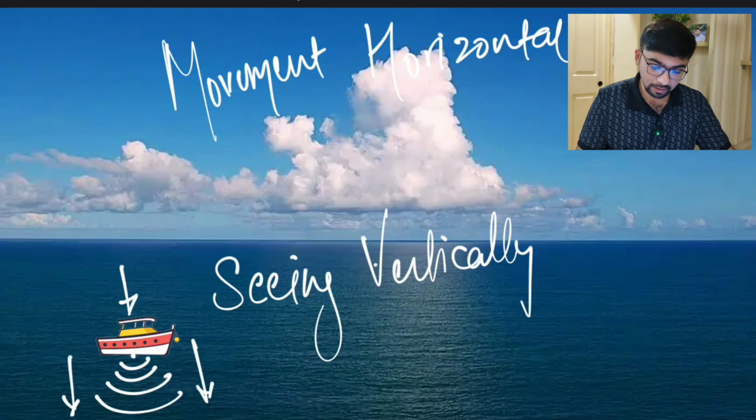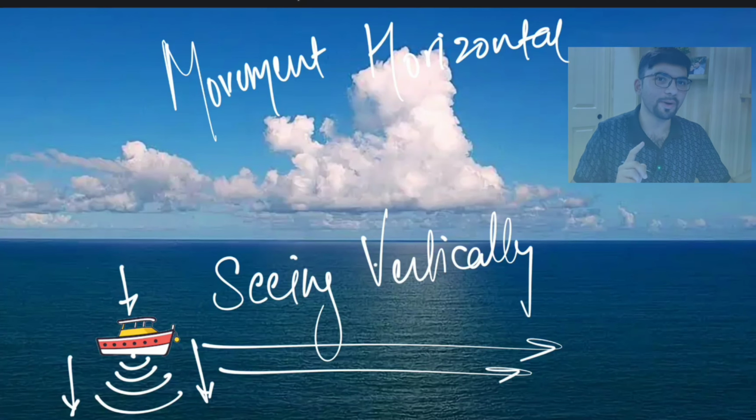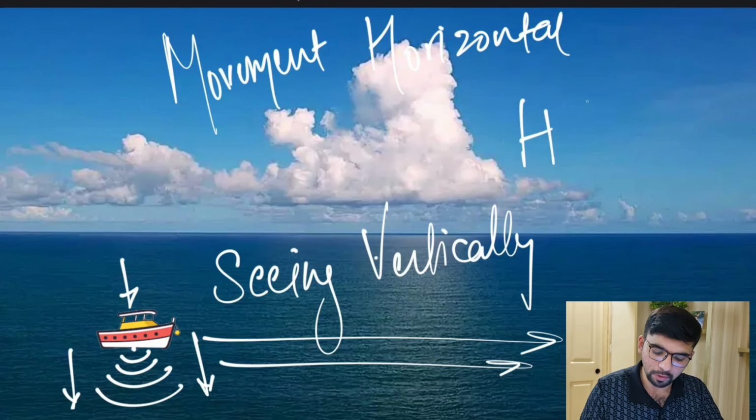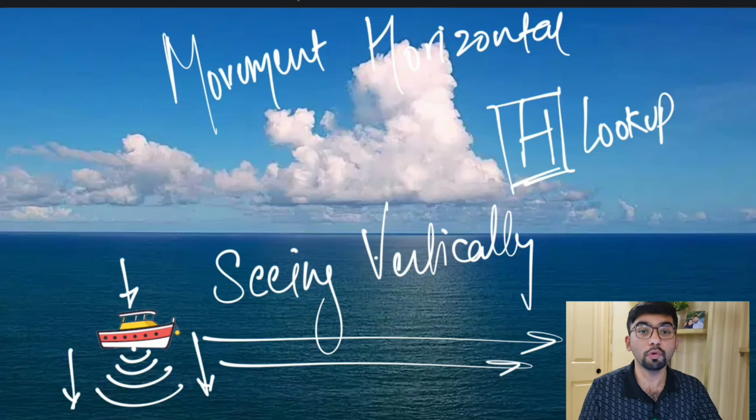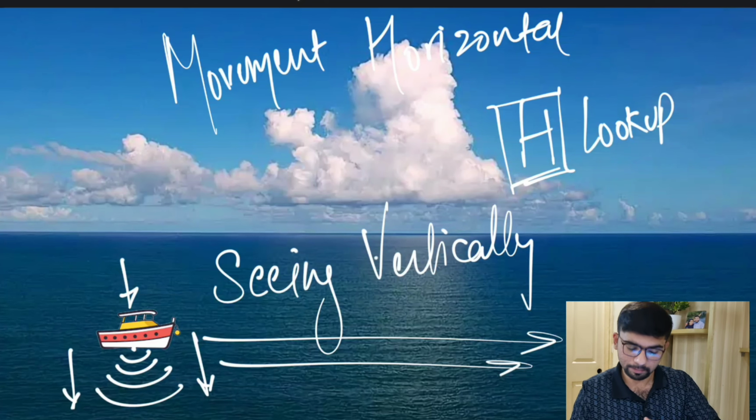So seeing is vertical while the boat moves horizontally, and this phenomenon is known as HLOOKUP, where H stands for the movement to search the data, and seeing becomes vertical.